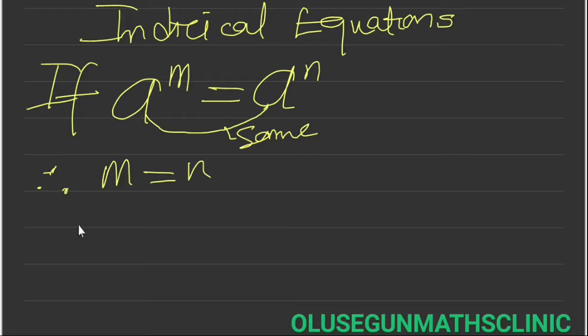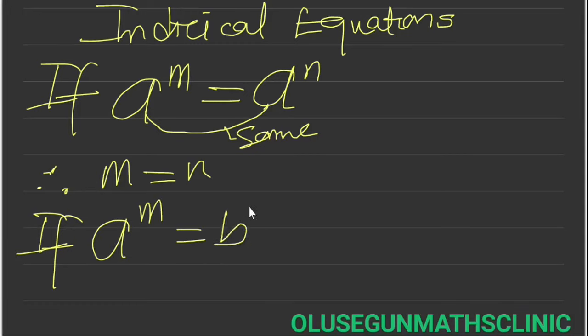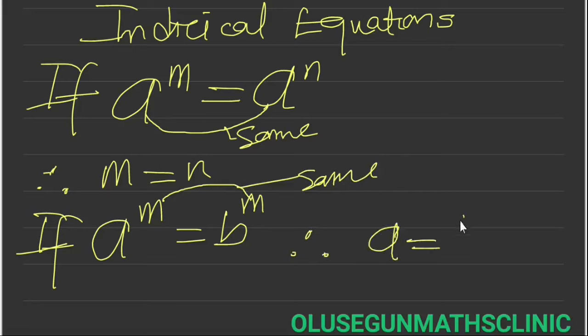Another form: if a raised to power n is equal to b raised to power n, you discover that the indices are the same, meaning that, therefore, a is equal to b.